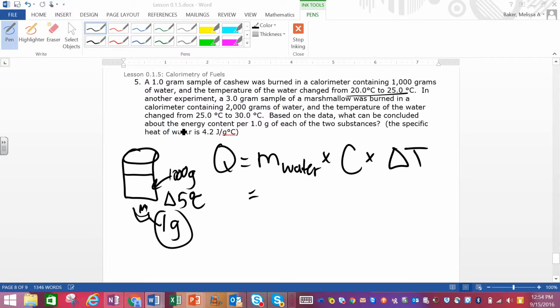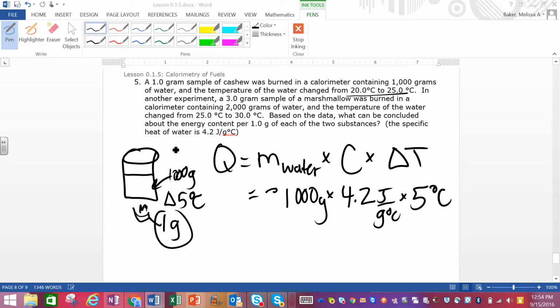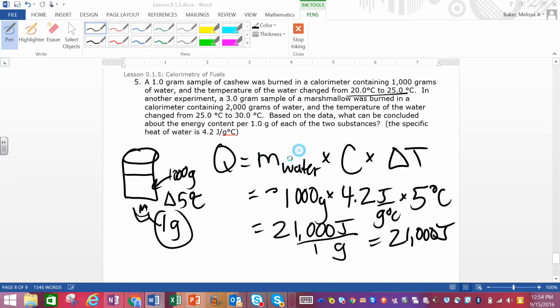So the mass of the water was 1,000 grams of water, multiplied by the specific heat, which is 4.2 joules per gram degrees Celsius, and the temperature change was 5 degrees Celsius. Plug that into my calculator. It's 21,000 joules per, since it was 1 gram, it's just 21,000 joules per gram. That's how much energy the cashew has.